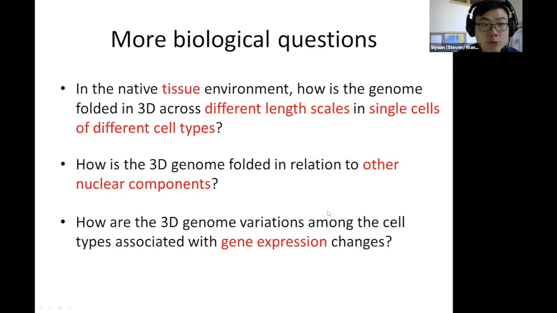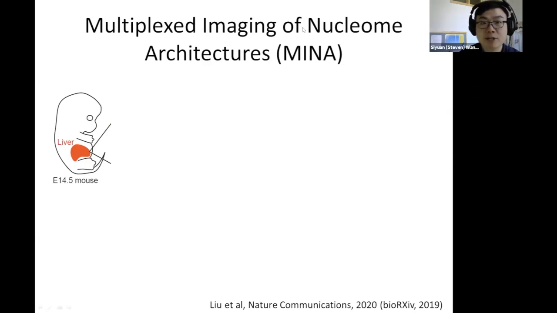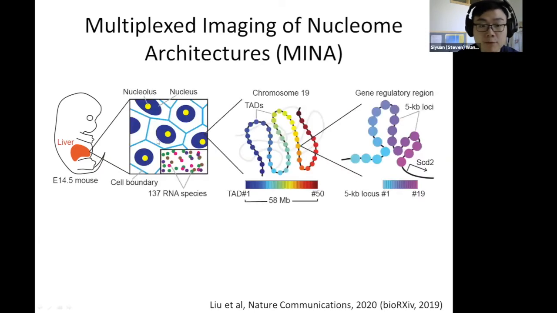So to answer all these questions, we developed this multiplex imaging of nucleome architecture, or MINA technique, and we imaged a whole list of cell and nuclear components within mouse fetal liver tissue section. First, to profile multi-scale chromatin folding, we expanded the range of genomic length scale profiled by chromatin tracing in the same experiment to over 4 orders of magnitude of genomic length.